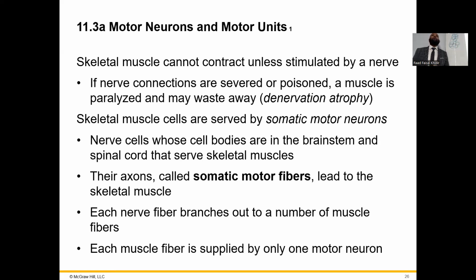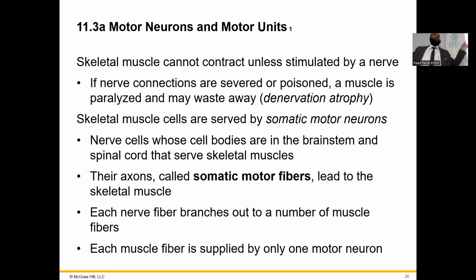So when you get bitten by a cobra, God forbid, and the poison is destroying the muscle cells, what's going to happen is your nerve cannot innervate, cannot stimulate the muscle tissue, and that's why the muscle is going to get weaker. Nothing is stimulating it. That's why people who are suffering from lower limb paralysis, you see that their legs are really small and tiny compared to their arms.